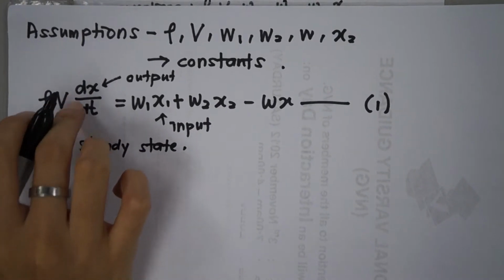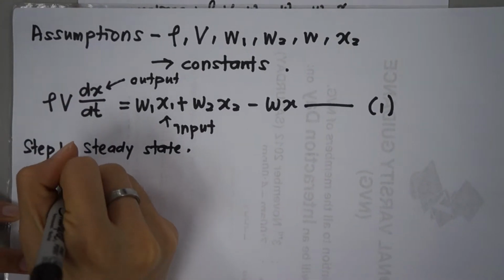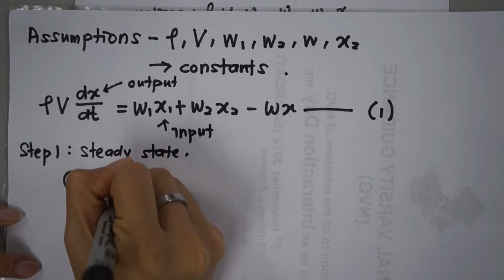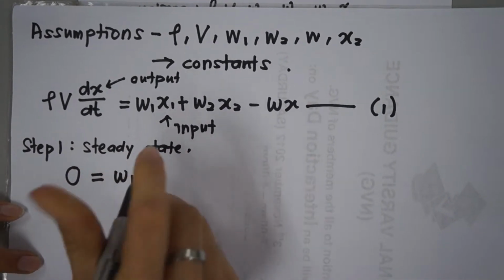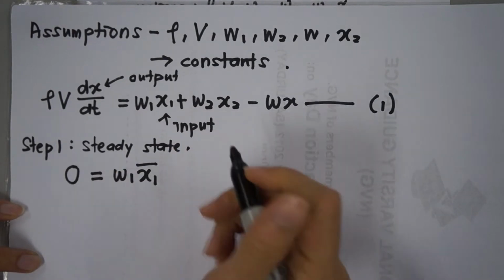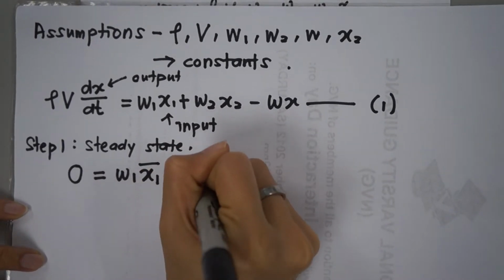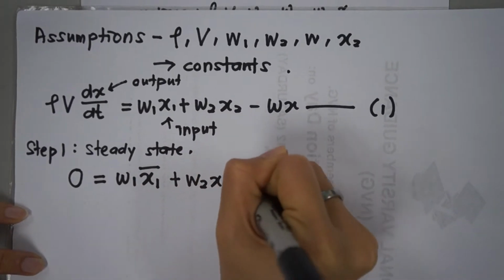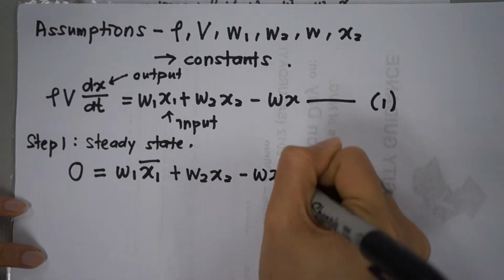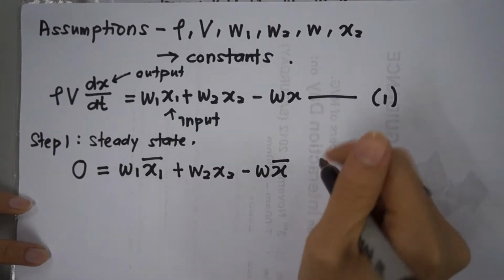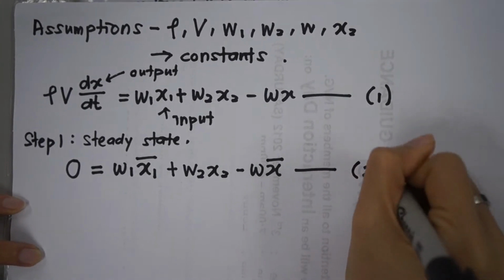At steady state, dx over dt is equal to 0, so we put a big 0 for it. w1 is a constant and x1 is a variable, so at steady state we denote it with a bar. And these are all constants. Notice that x is also a variable and there is a bar here. We call this equation 2.